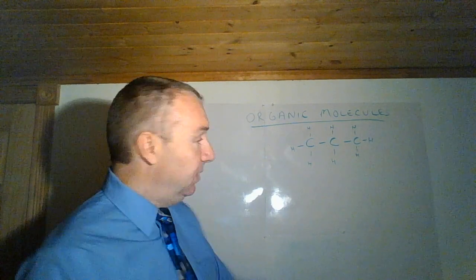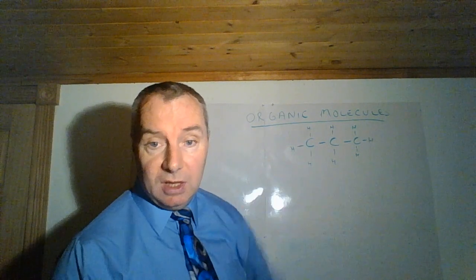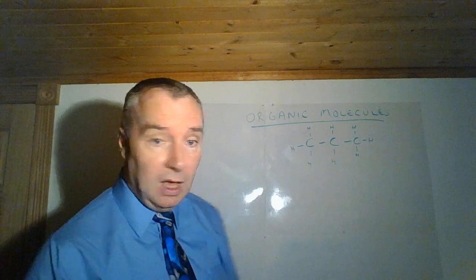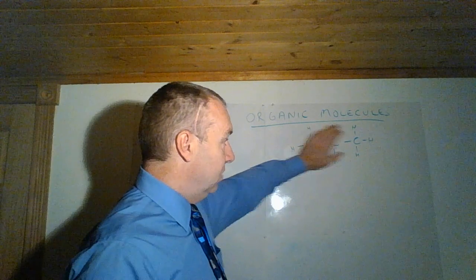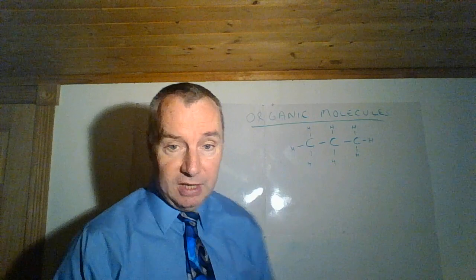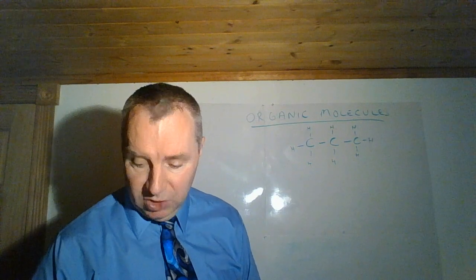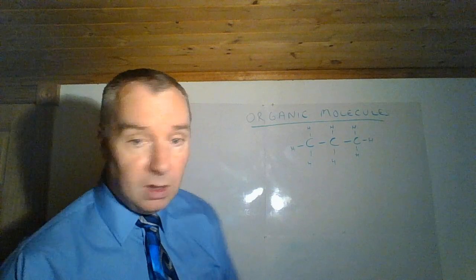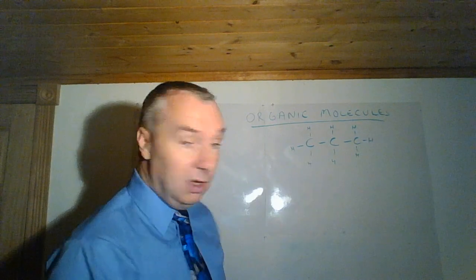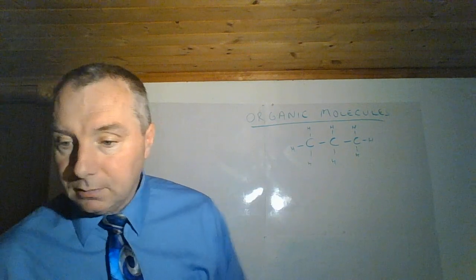But this with the 3 carbons is called a polymer. If it was just this center one by itself or one of the ones on the sides, it would be called a monomer. So methane that we showed you earlier is a monomer of this situation, which is a polymer.